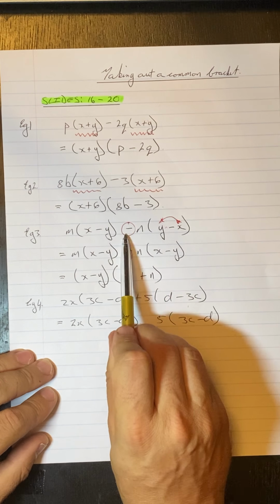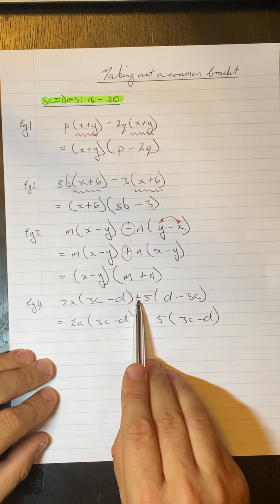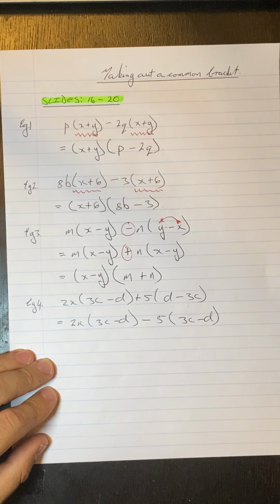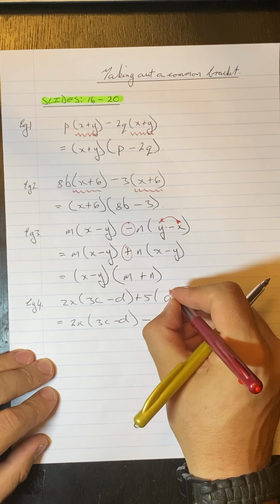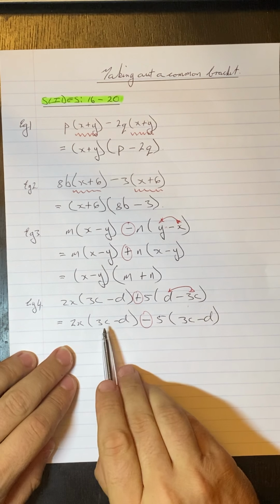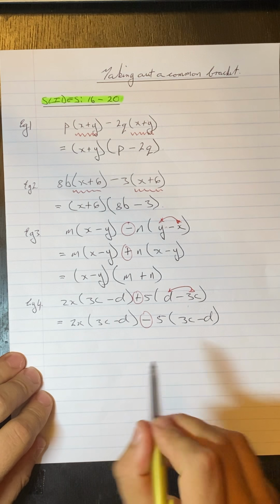But you remember with this previous one, as soon as we flip that, we need to change the sign. So if it was a positive, it now becomes a negative. Just remember, if you're flipping, change the sign. Now we have a common factor, 3c minus d, 3c minus d.